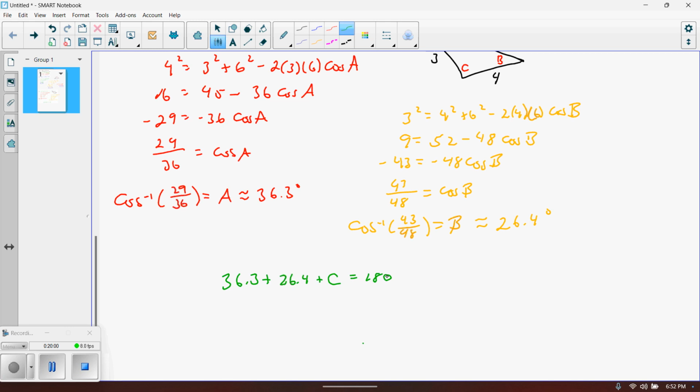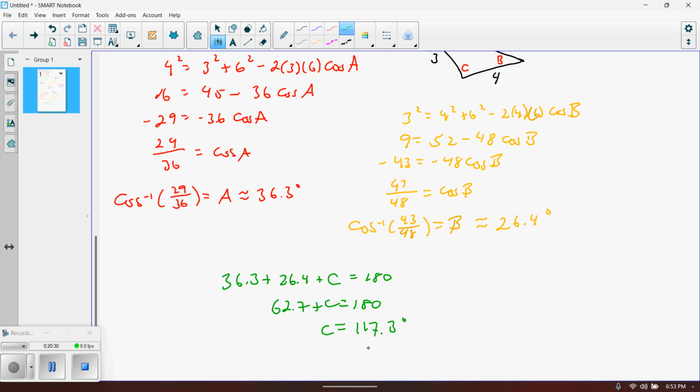So let's see, 36.3 and 26.4 is going to be 62.7 plus C equals 180. So subtracting on both sides, that is going to be 117.3 degrees. Definitely an obtuse angle.